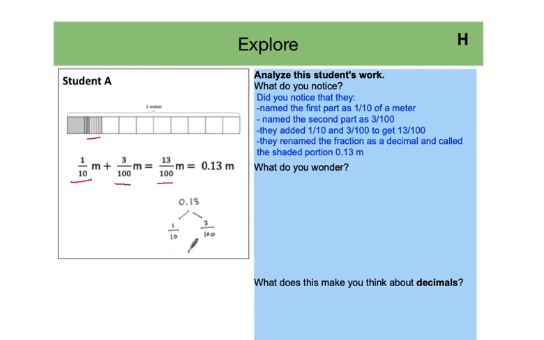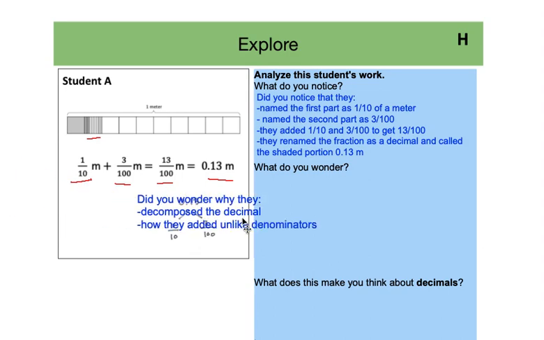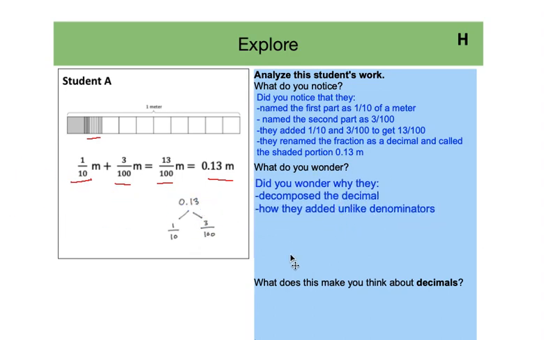Did you notice that they renamed the fraction as a decimal and called the shaded portion 0.13 meters? What did you wonder? Did you wonder why they decomposed the decimal? Did you wonder how they added unlike denominators?